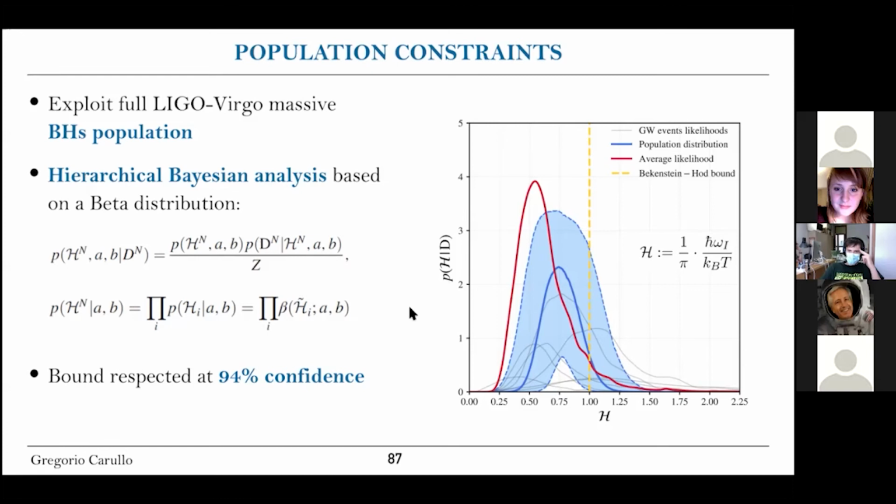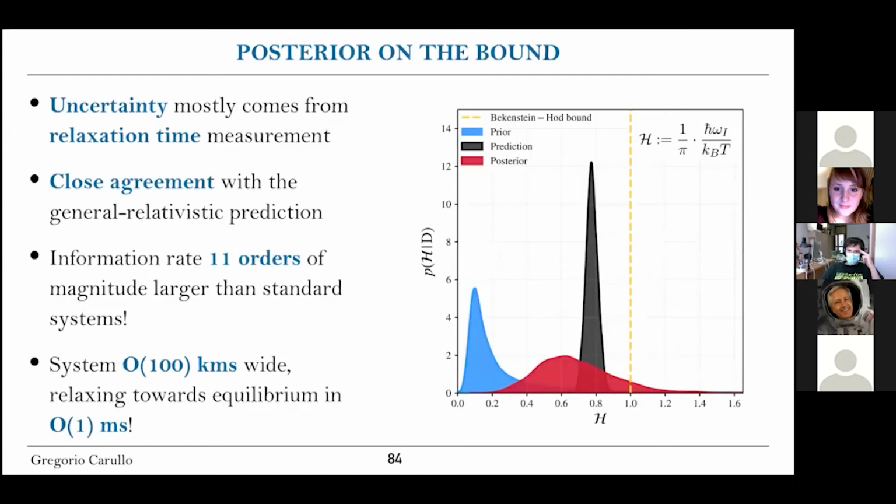It doesn't. Omega I is just the inverse of the relaxation time of the black hole. So in this analysis, you're essentially just measuring how long the system takes to relax. You're not imposing any specific prediction of GR. You can impose it, and you would get the black line, essentially the black distribution. Of course, roughly you would expect the relaxation time to be larger if the mass of the system is larger, so omega I would be smaller.